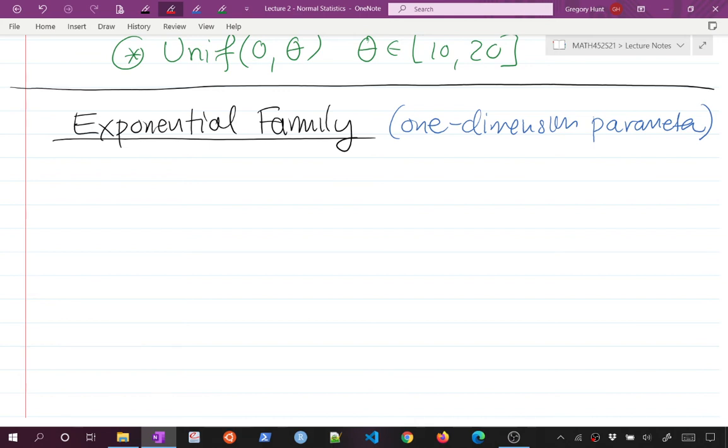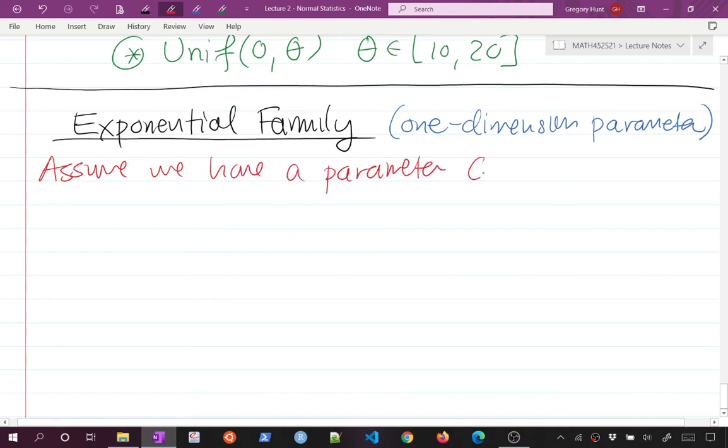So let's assume we have a parameter, theta, and theta is going to live in some bigger set. Let's call it capital Theta. We have a parameter theta. It lives in some bigger set, capital Theta.